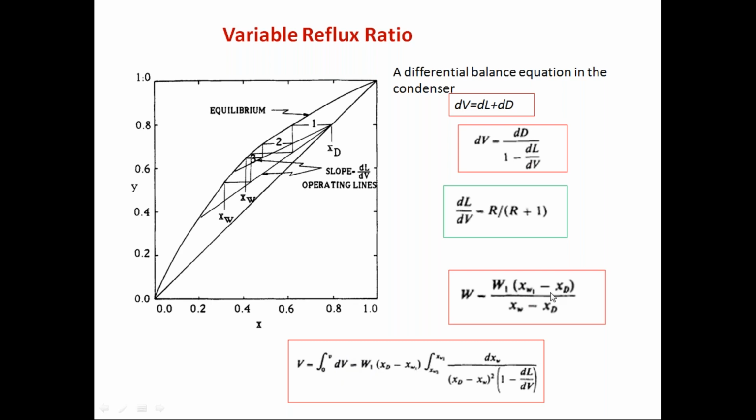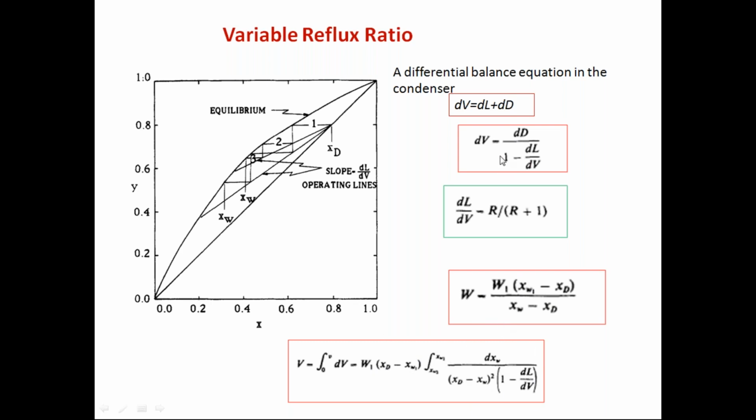And in this equation, if you substitute here, how do you get the dD? dD will be obtained from this equation. You will get W1 (xd minus xw) and an integral part of this one.